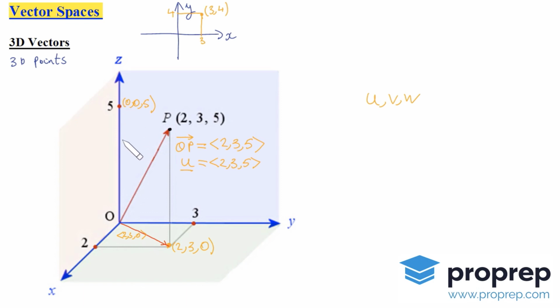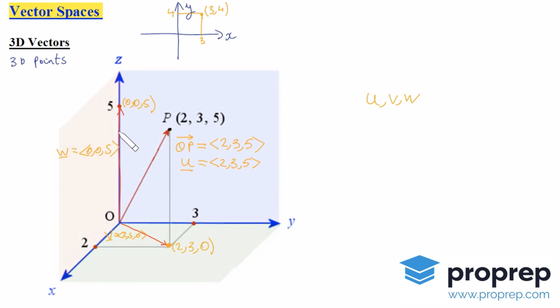And also this example, and here's the line with the arrow at the end, and this would be the vector 0, 0, 5. And let's give them names. This one, well, we use the letter U. Let's call this one V. And this one we'll call W. So here are three examples of vectors, 3 points and their associated vectors.